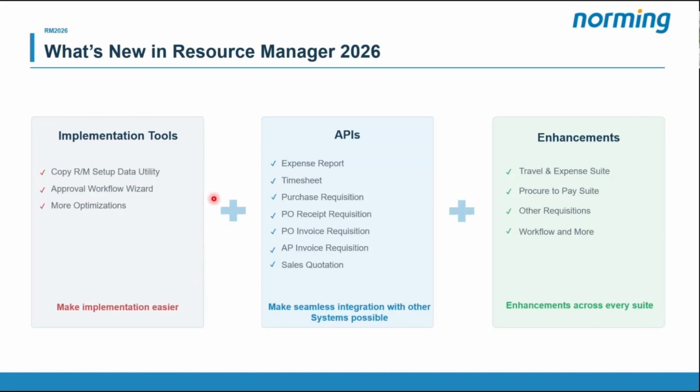There are three areas in this new version. The first part is we provided some implementation tools, and the goal is to make implementation easier than before. The second part is we provide 7 APIs for Resource Manager.